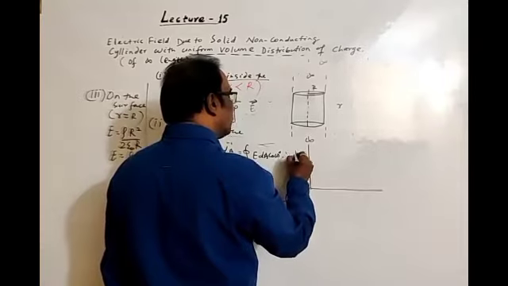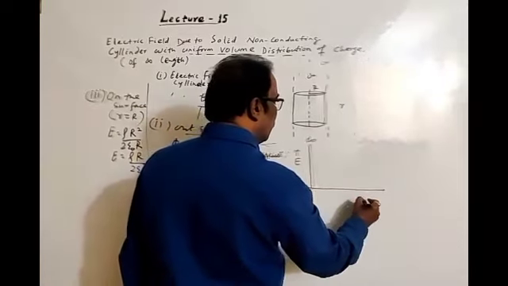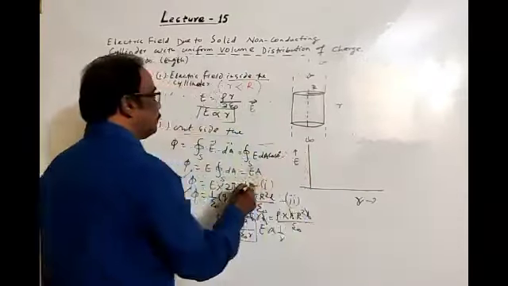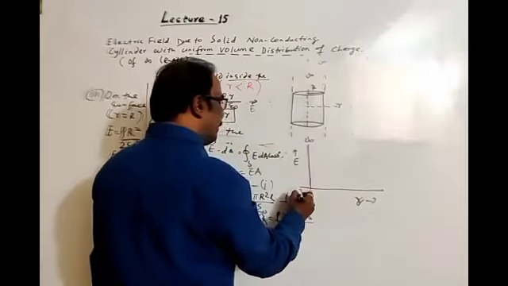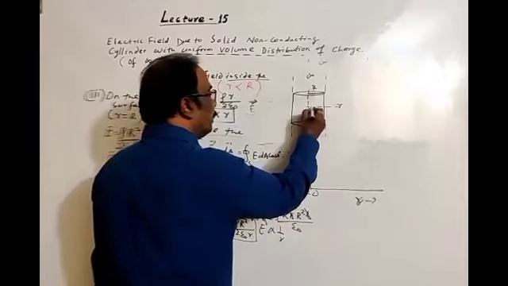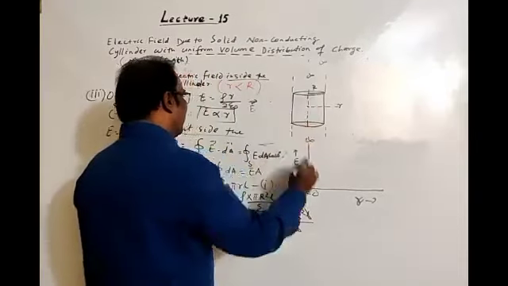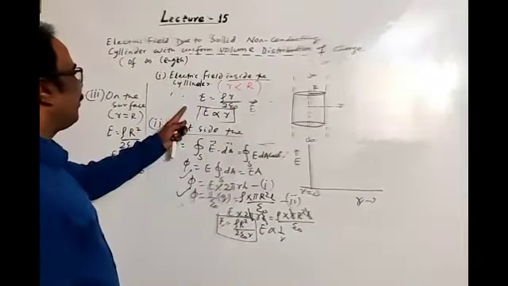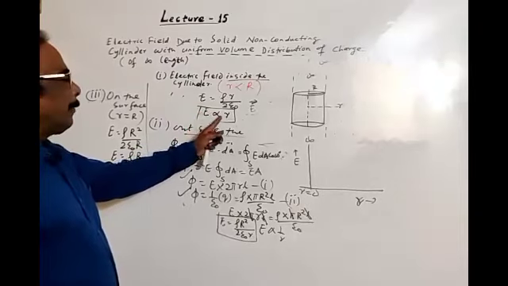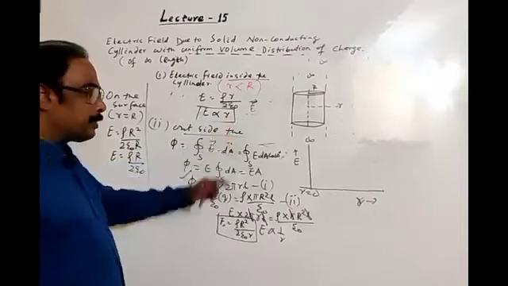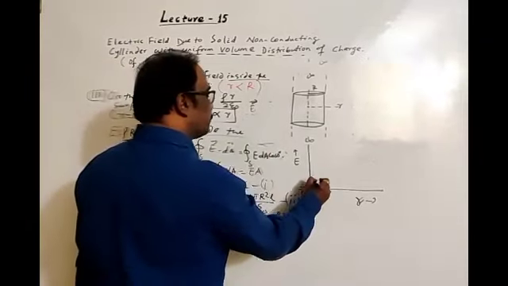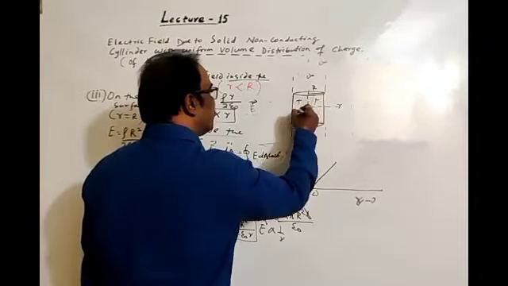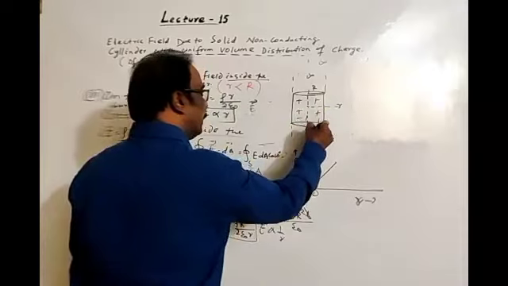Variation of electric field with distance. See students, r is any distance starting from the axis. If the value of r is 0, then we come to the axis. Then inside the cylinder, the electric field is directly proportional to distance. Since there is charge inside the cylinder, there must be electric field.